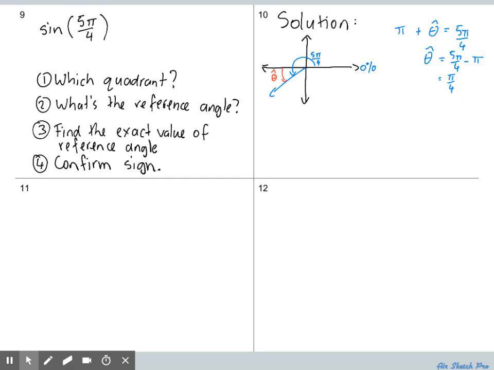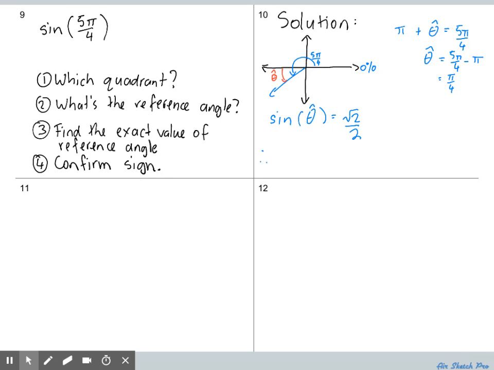Okey dokey. So that's that bit done. The third thing is to find the exact value of the reference angle, hoping it exists. In this case, it does. I chose it deliberately. Sine of theta hat is equal to root 2 on 2. Is that okay? Because pi on 4 is 45 degrees. Can you see how much easier it's going to be if you actually know your trig ratios for these things?